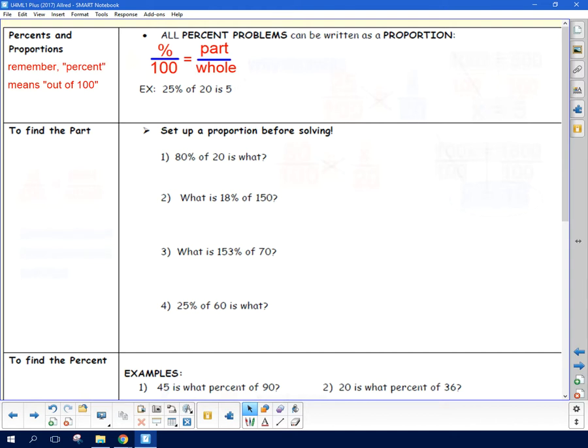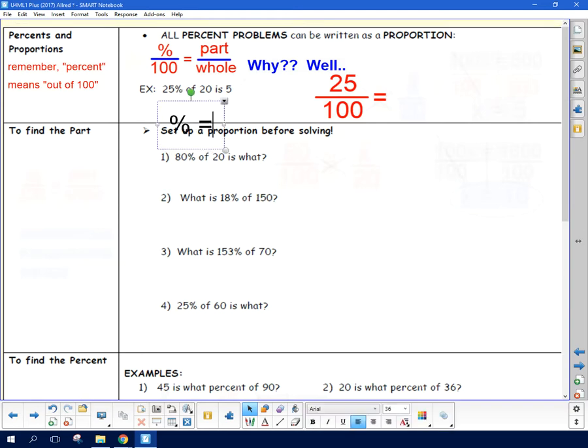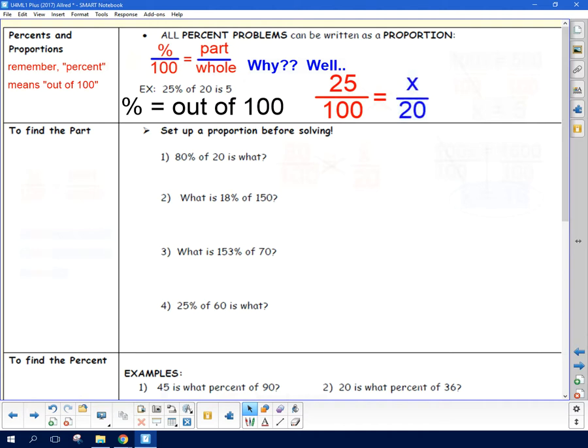Okay, so if I had a question that said, hey, 25% of 20 is 5, I could prove that by showing you, hey, 25 out of 100 would represent 25% since percent is out of 100. That's what the percent sign means. So 25 out of 100 is equal to x over 20. Okay, 20 is the whole.